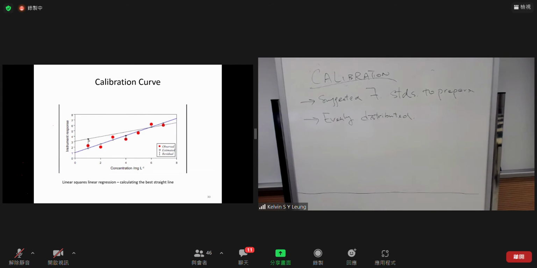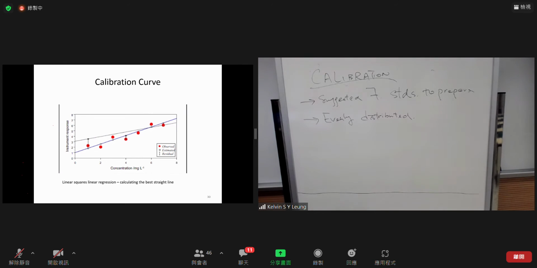So you will have the y-intercept and the slope, okay. So you can insert your concentration in the equation, then you will get the estimated response that you have, okay. So the difference here is the residual, okay. So you have to note this value when you calculate your calibration curve, okay.